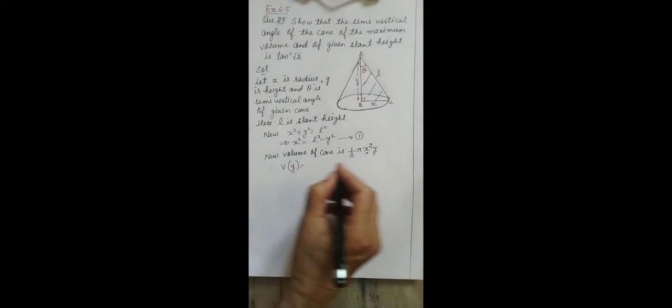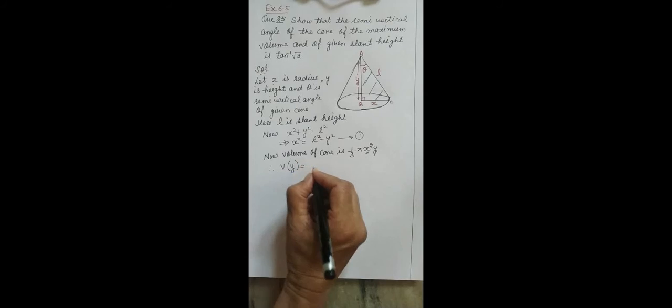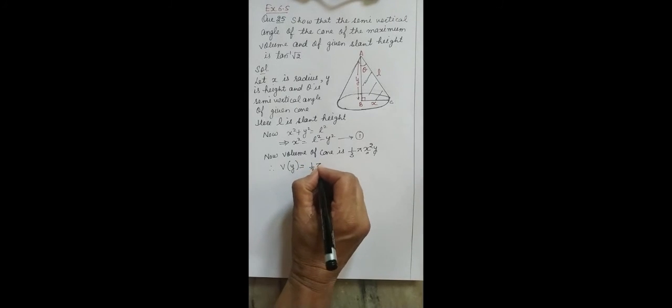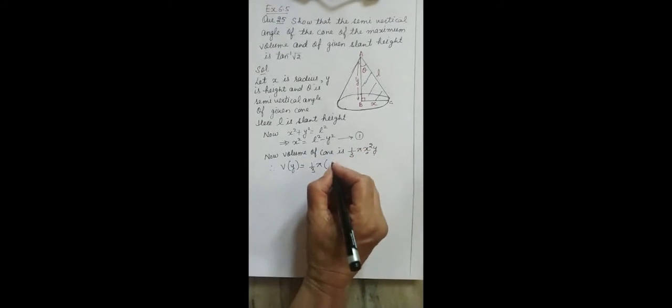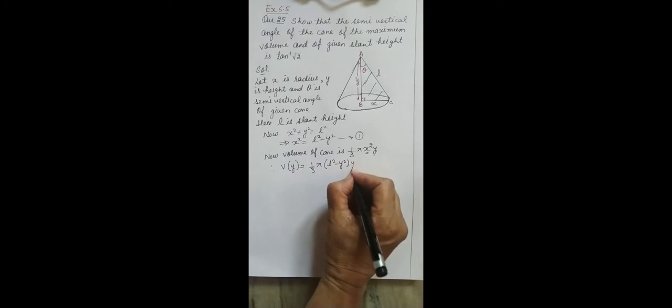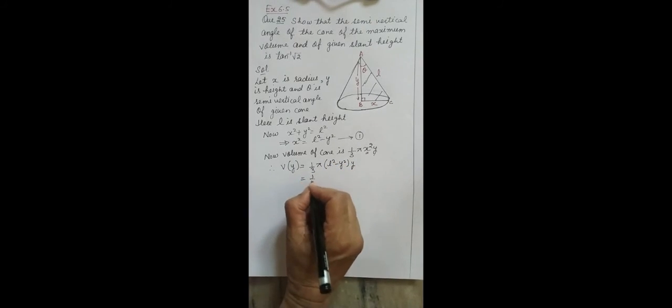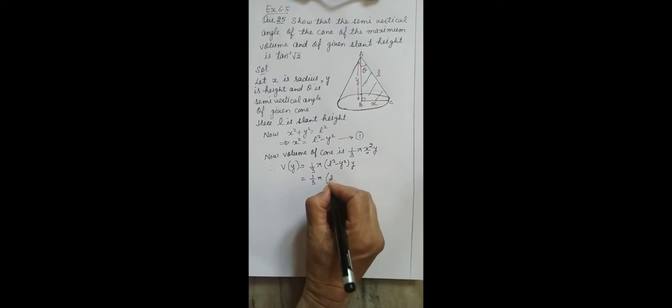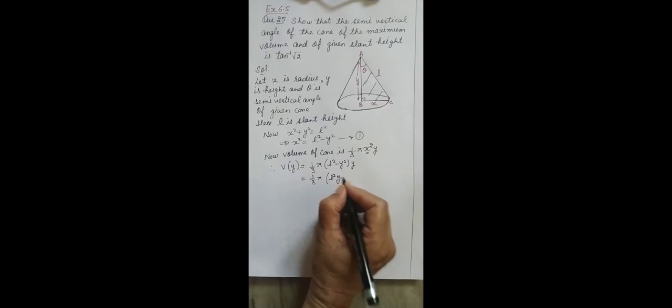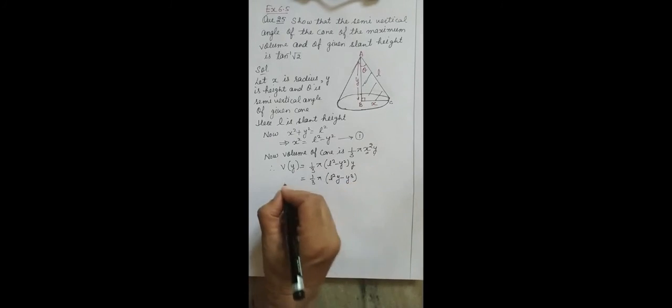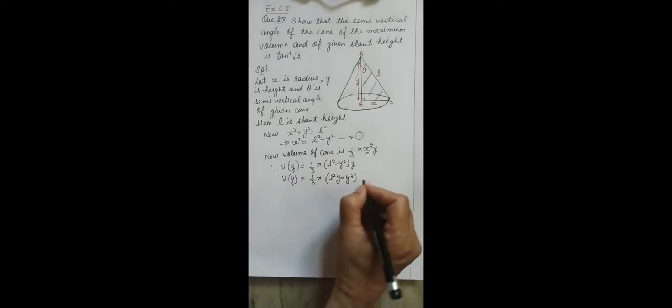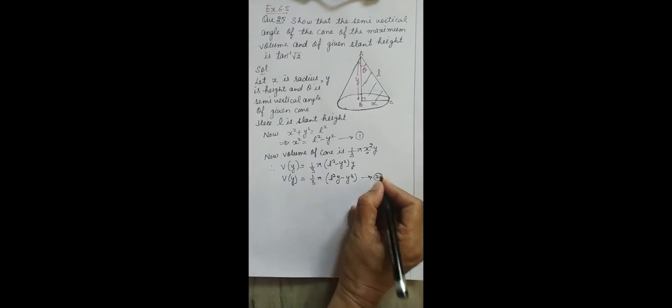So now this will be a function of y only. It is 1 upon 3 pi, and from 1, the value of x square is L square minus y square, into y, which gives me L square y minus y cube. Now this is my V of y. I mark this as result number 2.